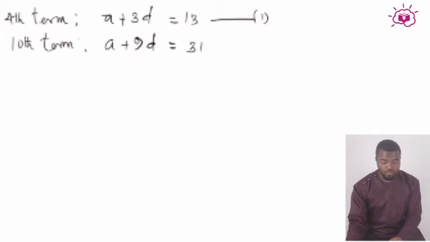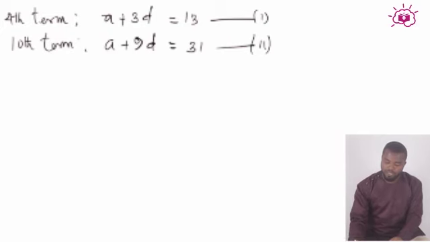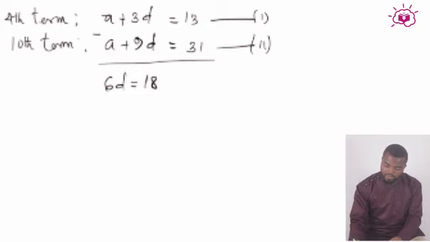So we have two equations. First of all, we need to solve these equations to find our a and our d. So solving this, we'll be subtracting equation 1 from equation 2, and we'll have 6d equal to 18. Dividing both sides by 6, that implies d is equal to 3.